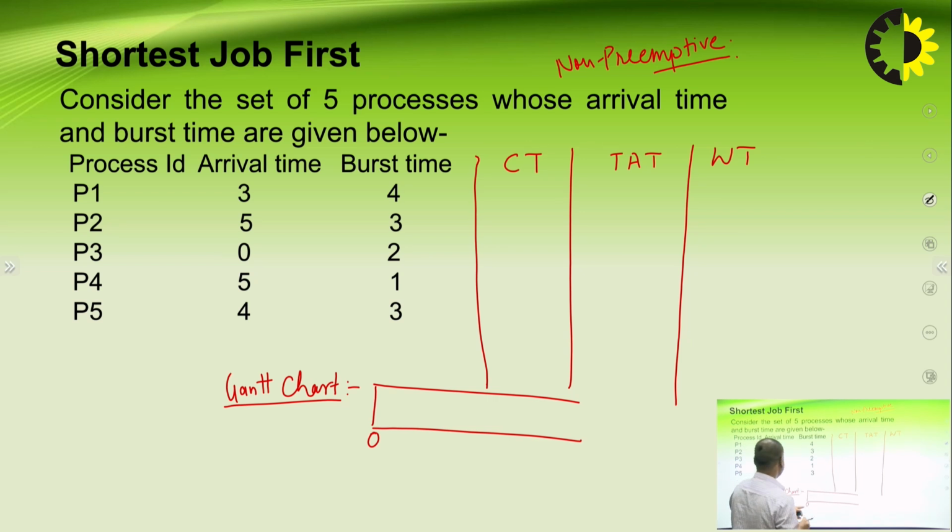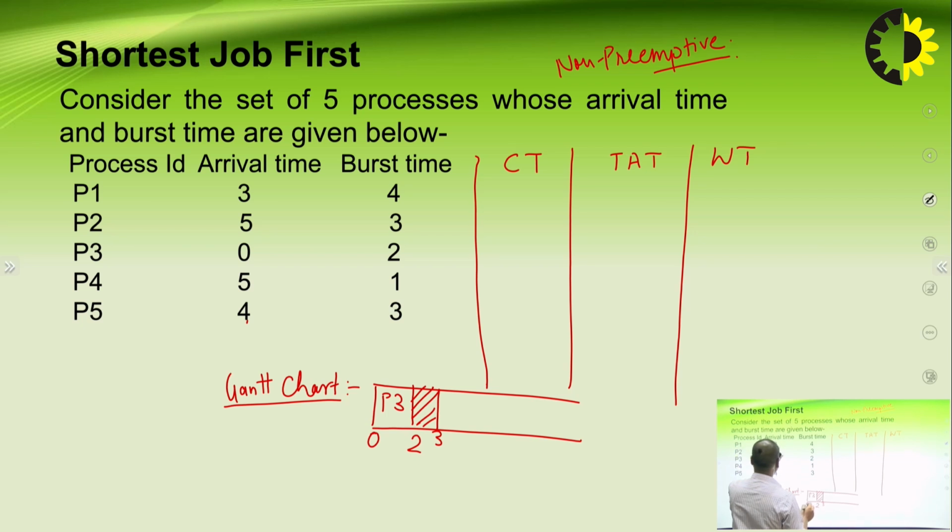Okay. At 0, P3 is coming, and P3 runs for 2, but the CPU is idle until 3. So from 0 to 3, P3 has run and then P1 has come.